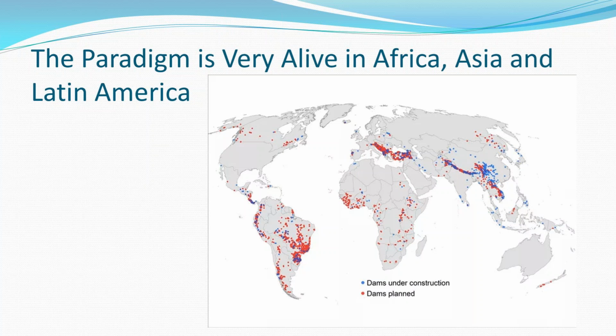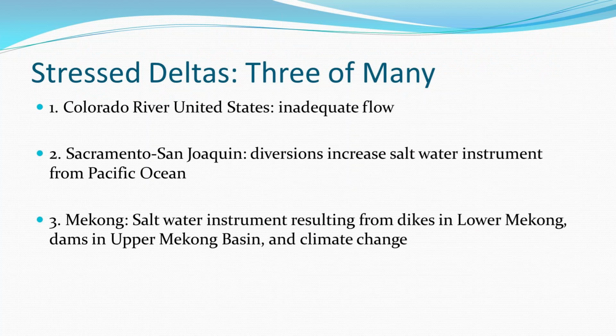But as you can see from the map, in Africa, Asia, South America, and Canada as well, we're in a major dam building era, similar to what happened in other countries in the 1930s, 40s, and 50s. So deltas continue to be stressed. So I'll just give 3 examples here, and there are many more.